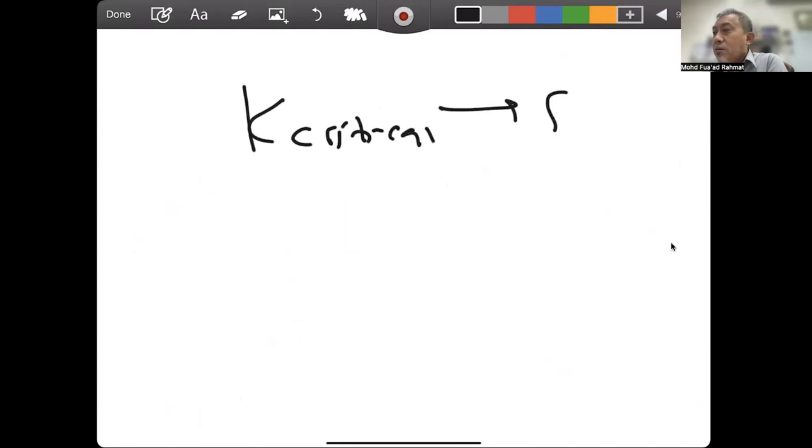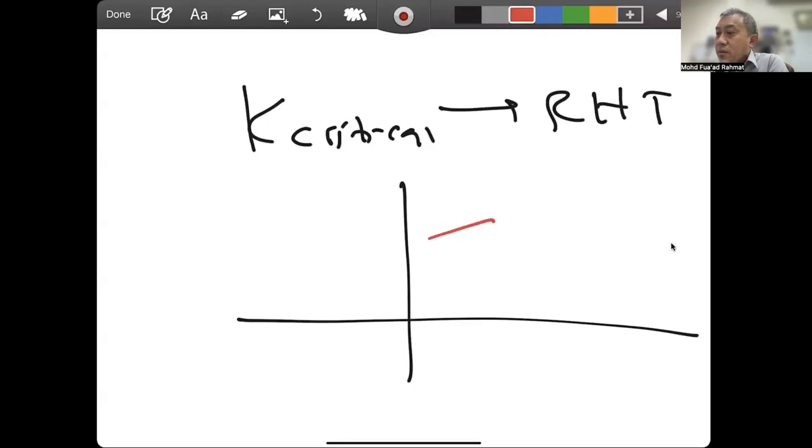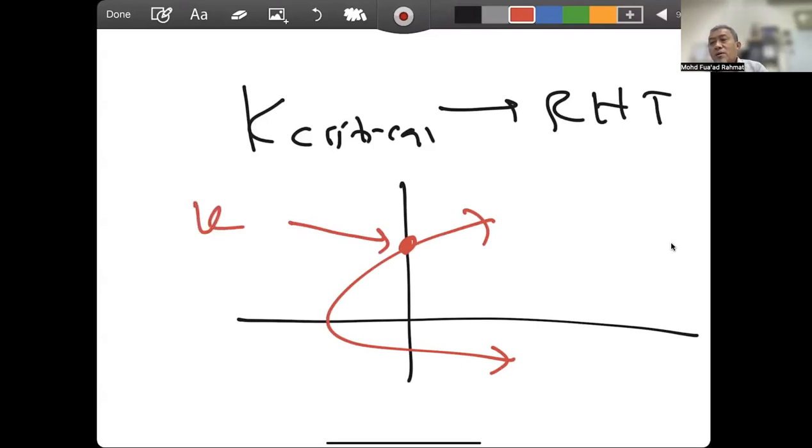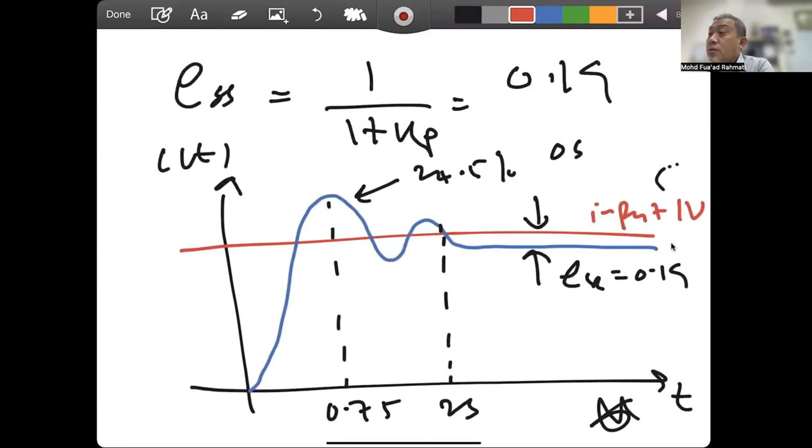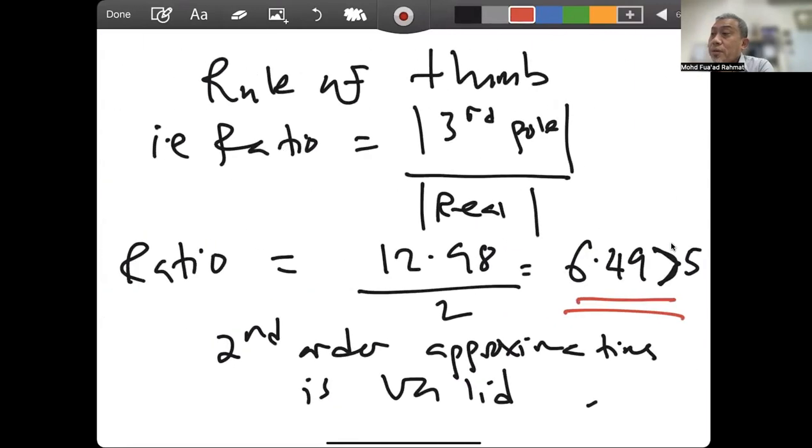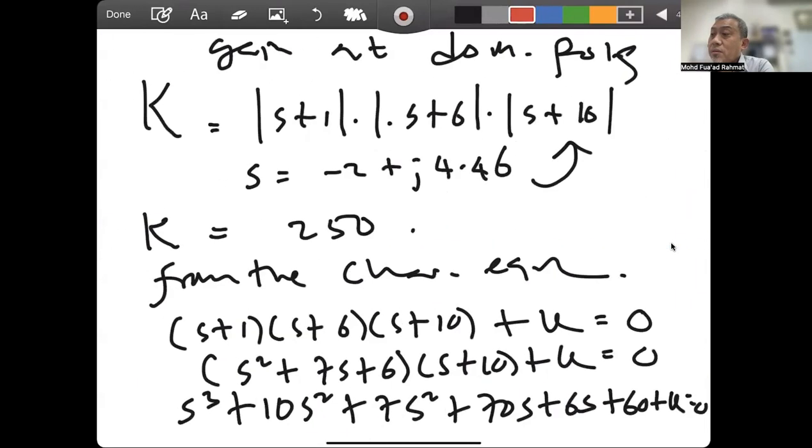So you want to find this gain K critical, so you have to use a Routh-Hurwitz table. But if you want to find K at the dominant pole, you just use this formula, magnitude criteria, insert the value s inside, and then you get the 250. Yes, doctor. Thank you.